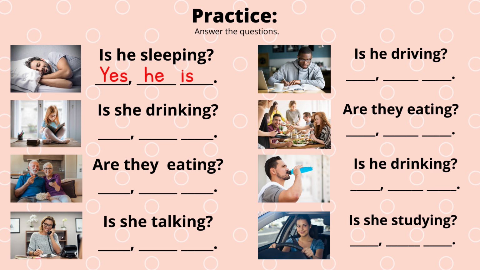Okay, now let's look at the answers. We went over the first picture as an example. Number 1 says, is he sleeping? Answer, yes, he is. Now let's look at number 2. Is he driving? Look at the picture.